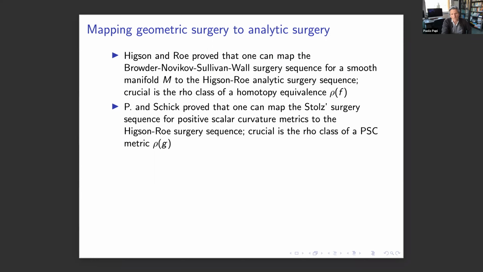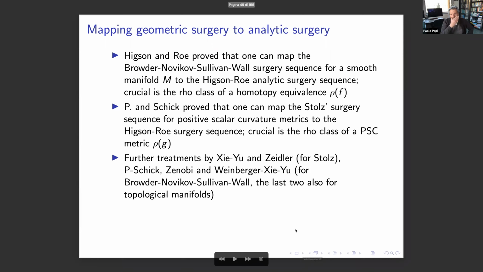Let me say that these two results were generalized and treated in different ways in several papers. I will talk about Xie and Yu, which use the other description of the analytic surgery sequence. Zeidler also, this is for the Stolz sequence. Myself with Thomas, we gave a different treatment of Higson-Roe for the signature operator.